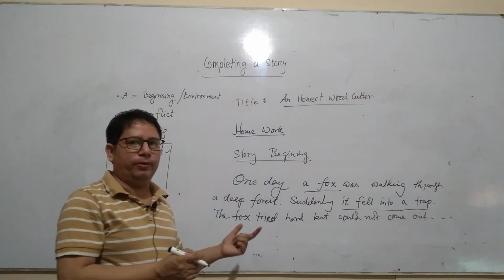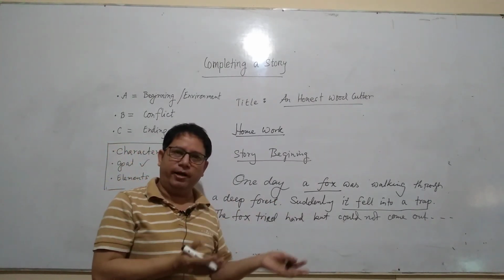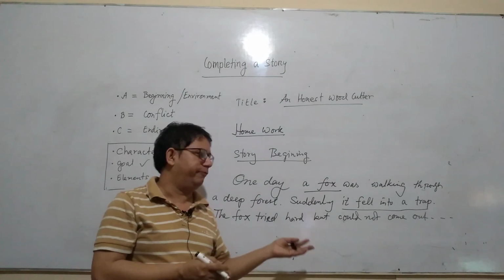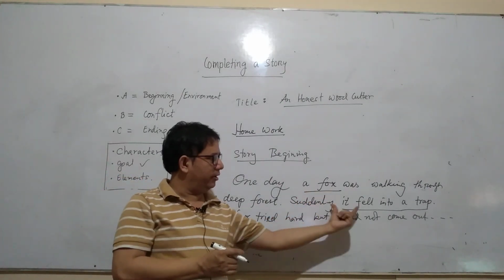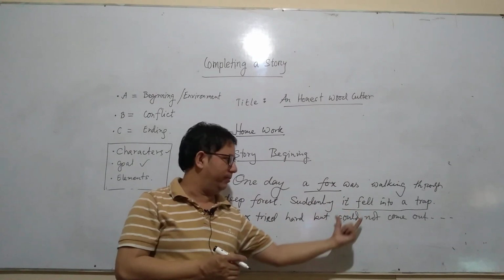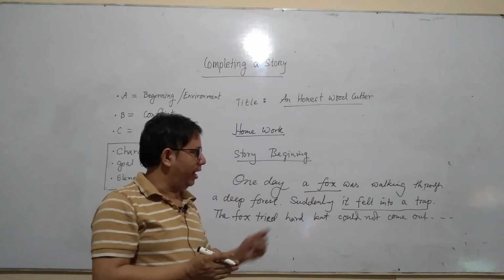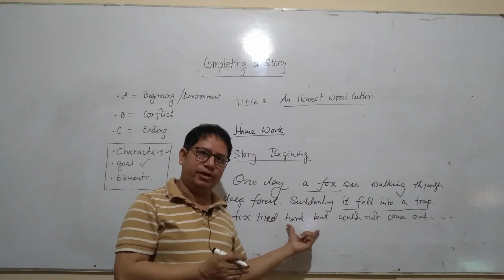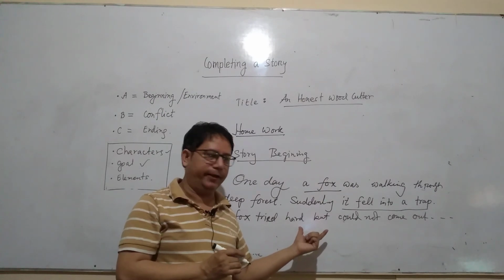So after this problem, you have to complete the story and come up to the ending. Okay, so character, environment and problem. After this, we can complete the story. I will expect this activity from you the next day.